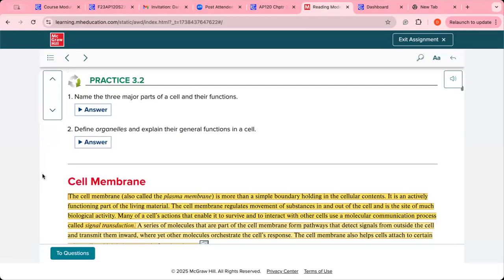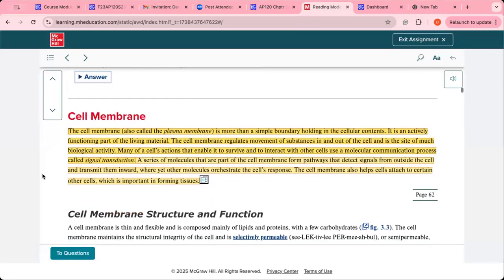The cell membrane, also called the plasma membrane, is more than a simple boundary holding the cellular contents. It is an actively functioning part of the living material. The cell membrane regulates movement of substances in and out of the cell and is the site of much biological activity. Many of a cell's actions that enable it to survive and interact with other cells use a molecular communication process called signal transduction.